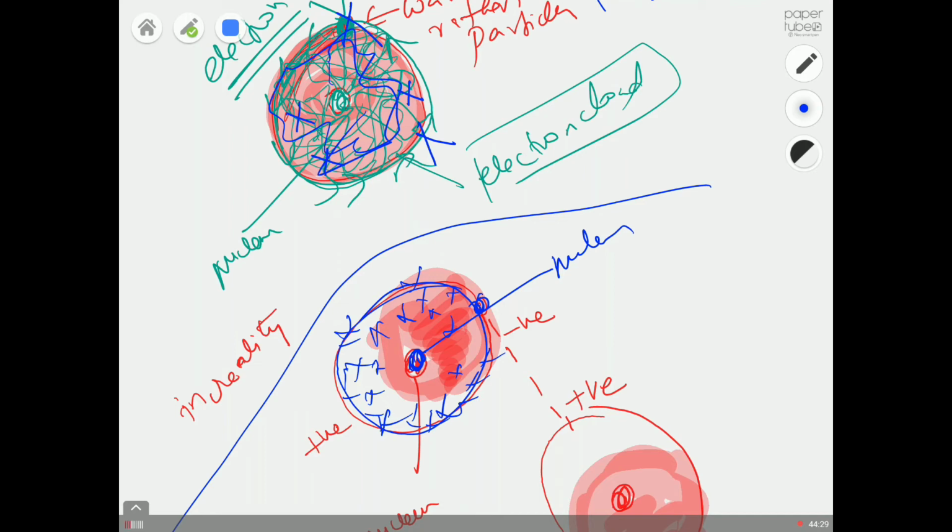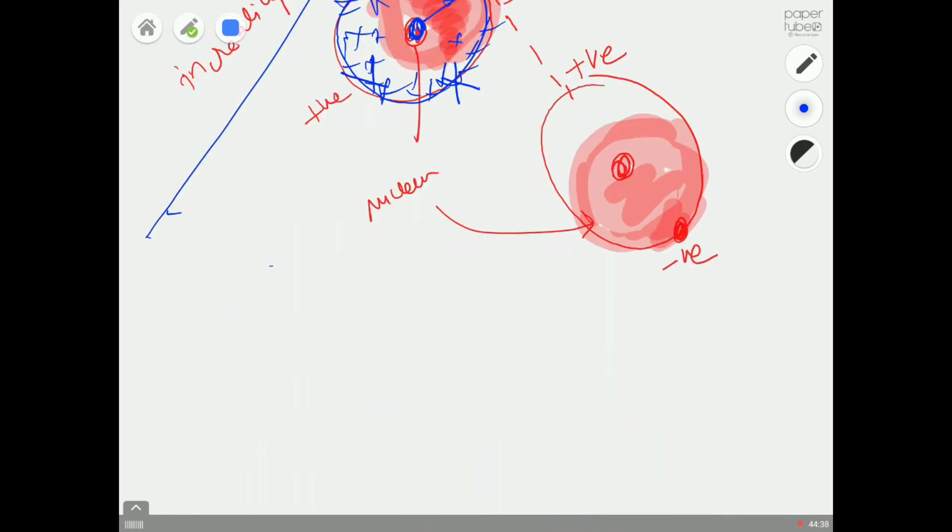And this electron will move randomly, one time here, another time on the left side, another time at the top, another time on the left. So what happens is, imagine if this is a nucleus, and this time your electron is here, on this side of the cloud.